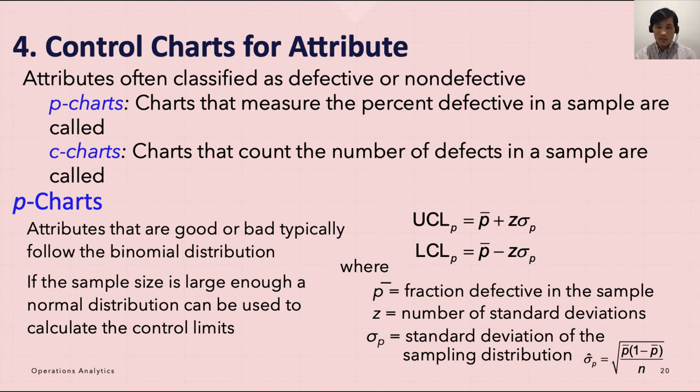When you have a 95% confidence level, you use 2. If you have a 99% confidence level, then you are going to use 3 for the Z value.